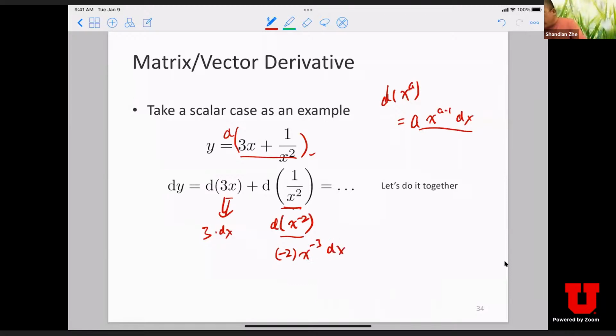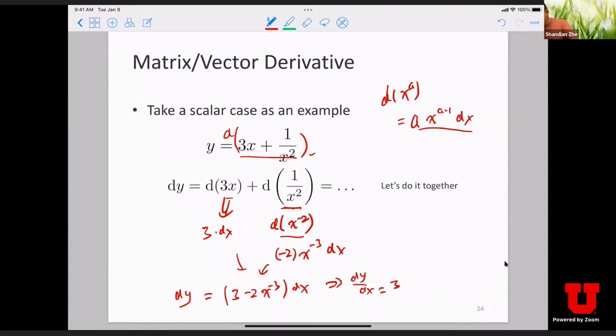So now I've got two derivatives, 3dx and -2 x to the power of -3 dx. We just merge them together, so it's 3 minus 2 x to the power of -3 dx, which is dy. Does it make sense? Okay. And then we can get our gradient, dy over dx.